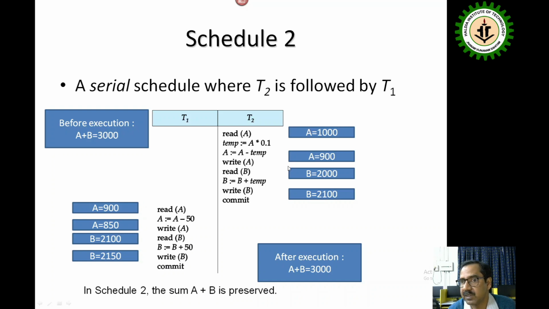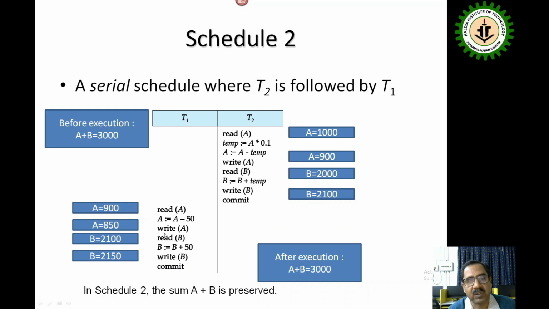The initial value is 1000. So write A, that means T2 operated modifications on data item A. So the modified, updated value of A is rupees 900. So when T1 reads the balance of A, that is the modified value, that's why A equals 900. And T1 transfers rupees 50 from account holder A to account holder B. So A equals A minus 50, the debited amount.